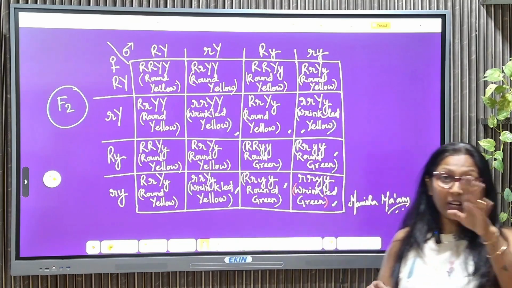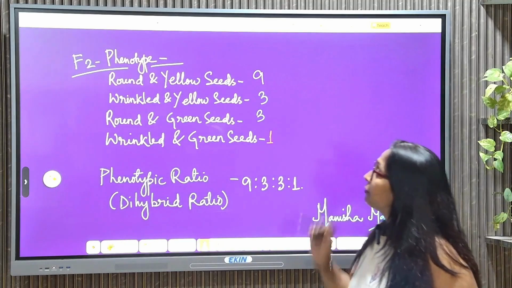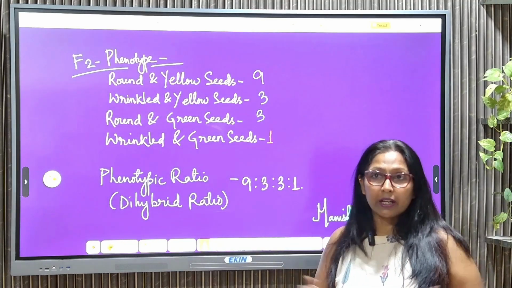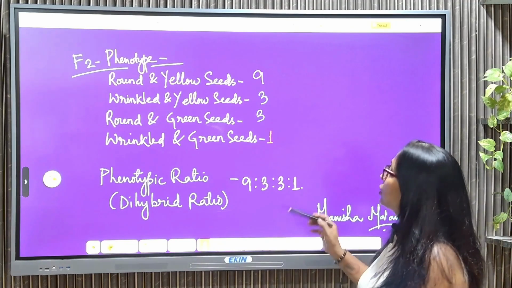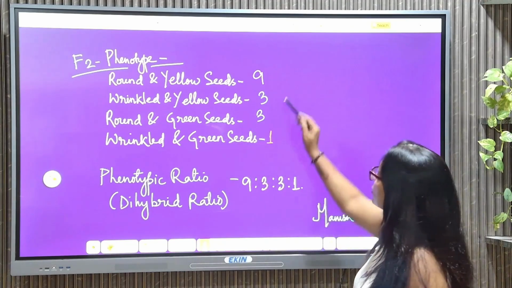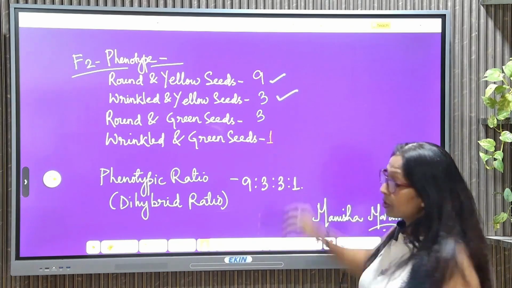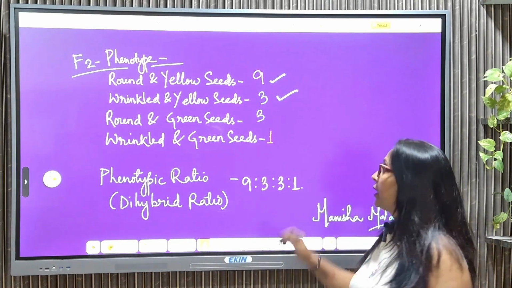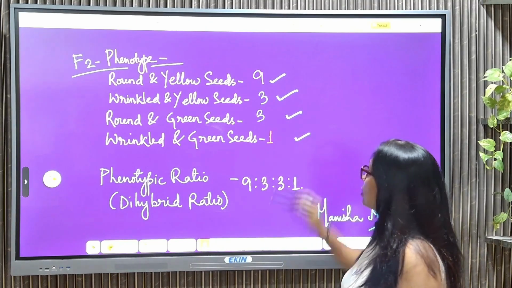Now we need to find out the phenotype for the same. So how does the phenotype go? The phenotype, that is the expressed character, the externally observable characteristics for the F2 generation, comes out to be round and yellow seeds 9, as we checked there, wrinkled and yellow seeds 3, as we found from the square, round and green seeds 3 again, and wrinkled and green seeds 1.